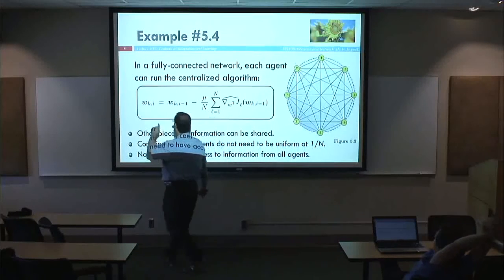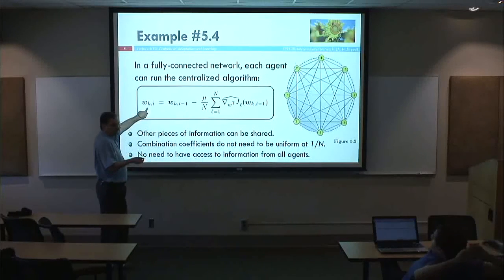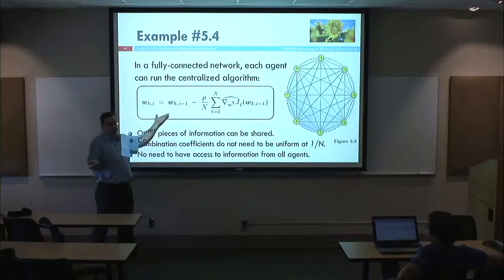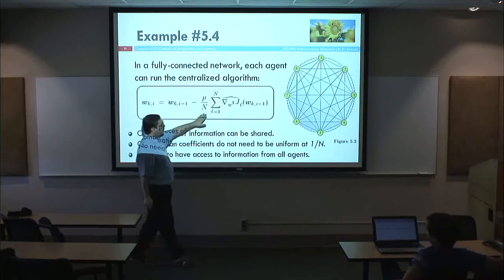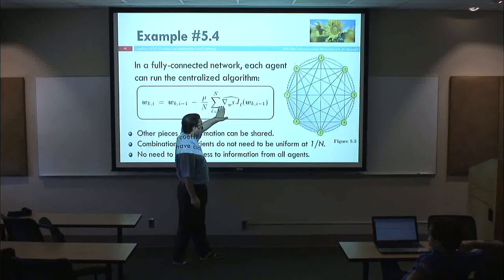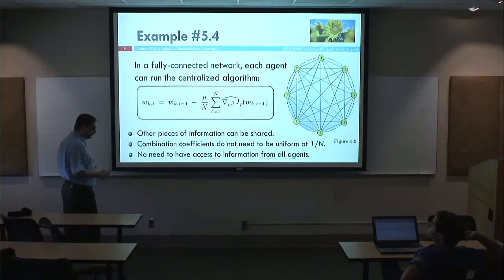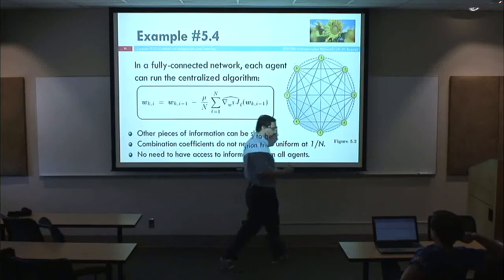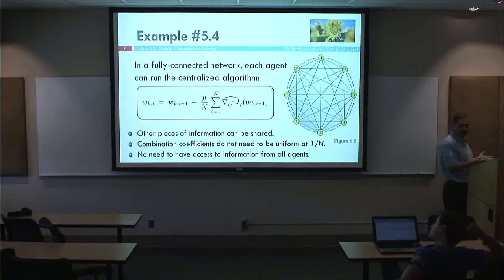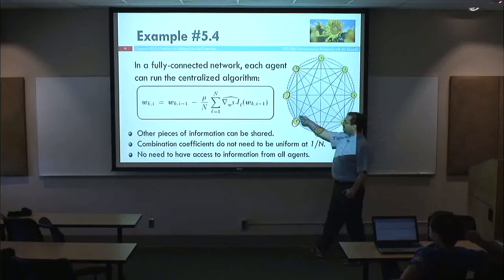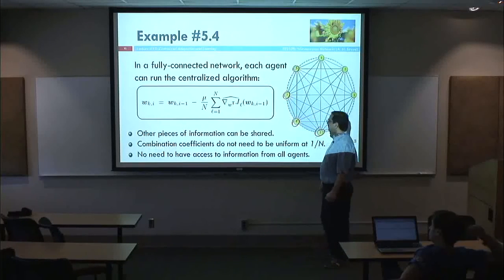Therefore, every agent k, rather than run a non-cooperative algorithm at its location, can run a centralized algorithm at each location, because it has access to all the information from all other agents, and therefore it knows what these approximate gradients are. So in a fully connected network, in principle, every agent can run a centralized solution, and therefore every agent will be able to attain the performance of the centralized solution.